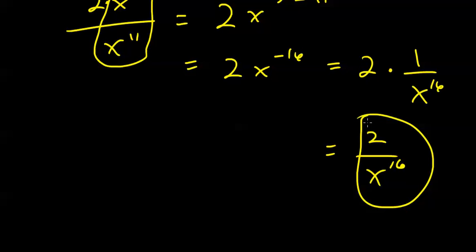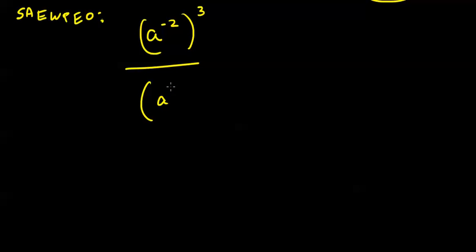Okay? Here's another one. Simplify and express with positive exponents only. All right, a lot going on here. In the numerator, you've got a negative exponent base raised to another power, and similarly in the denominator expression.